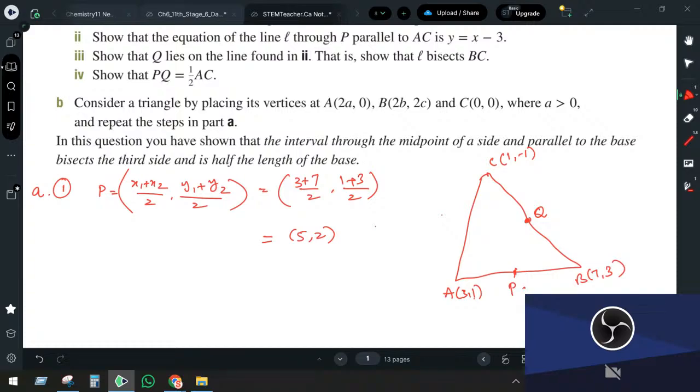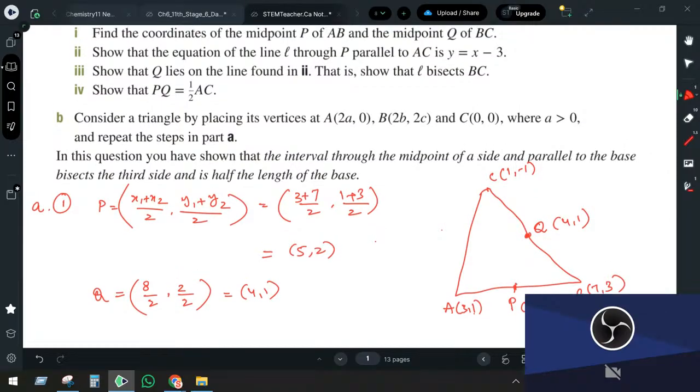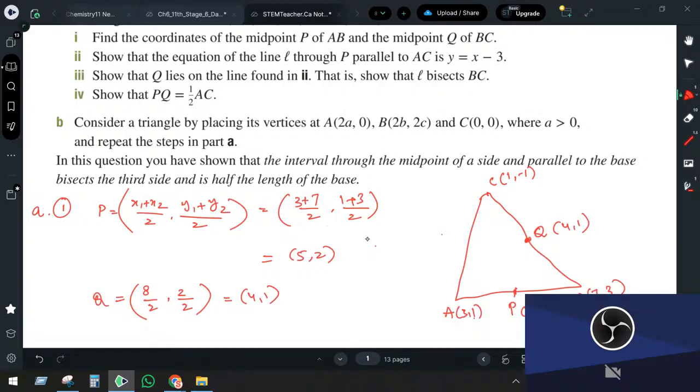P is (5, 2). Similarly, Q, I am writing a little bit directly. It is (8 by 2, 2 by 2), which equals (4, 1). We got it? The first portion is completed. So this is P and this is Q.